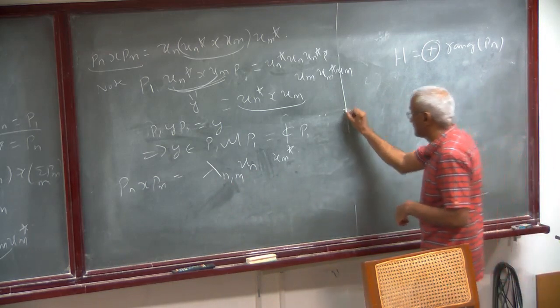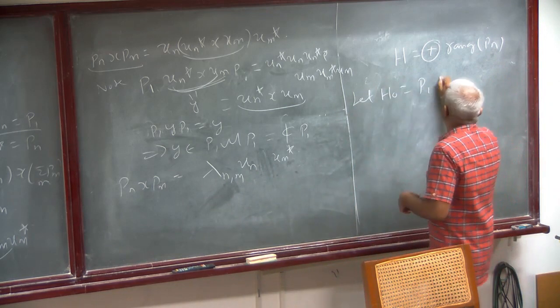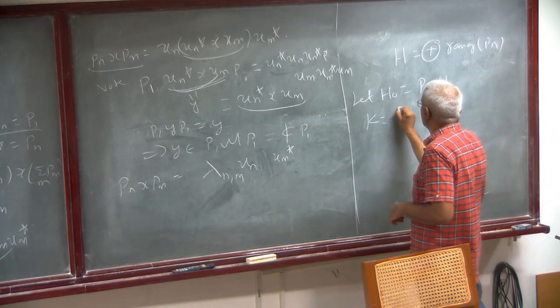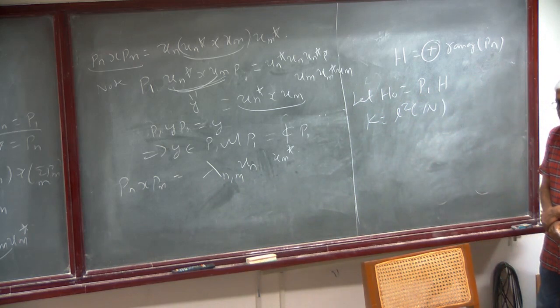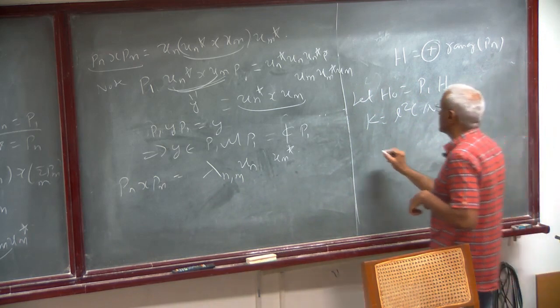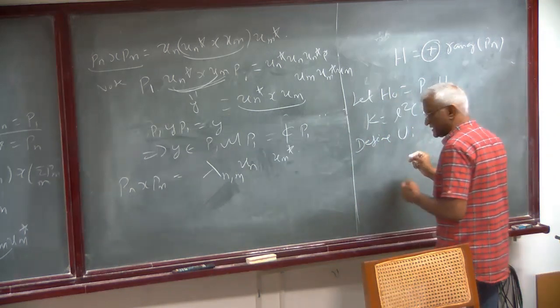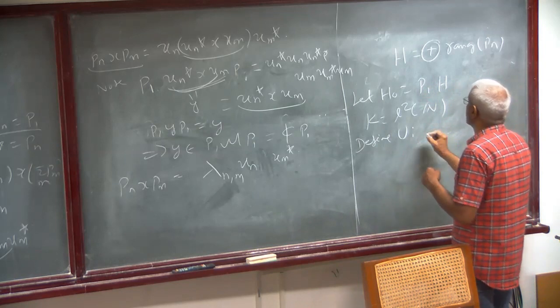Make it precise. Let H0 equal P1H, and K equal L2N. Define U, which is defined on the total set. It's enough to define on a total set and verify it preserves the inner product.